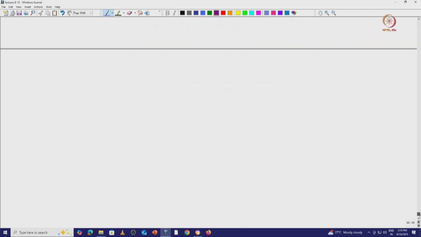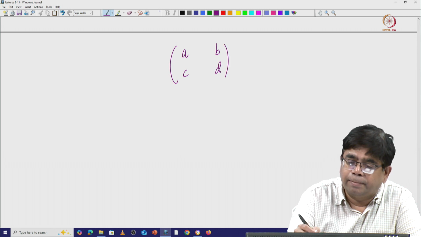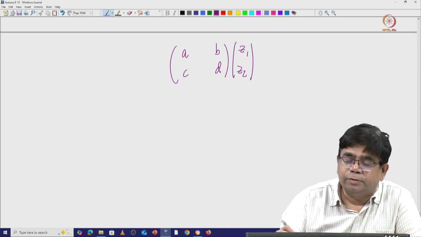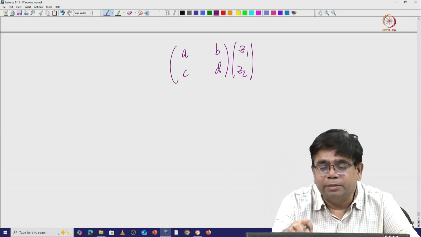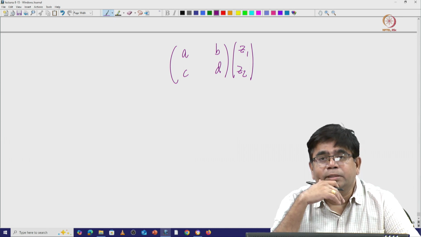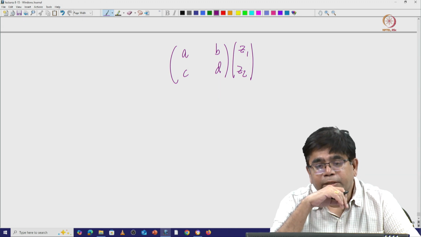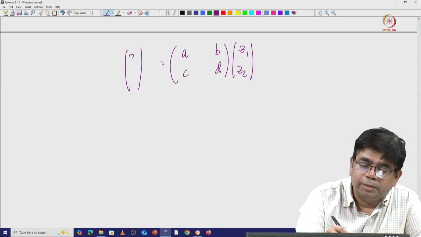We have rotations in 2 dimensions, A, B, C, D, acting on z1, z2, a complex vector of 2 dimensions. So this matrix is acting on this. Now we ask the question: what are the conditions? This will go to z1, z2 prime.